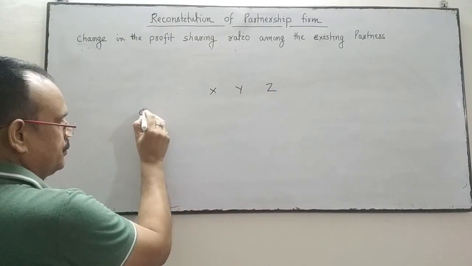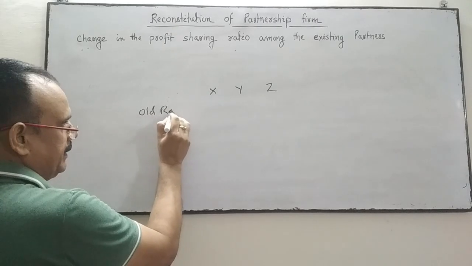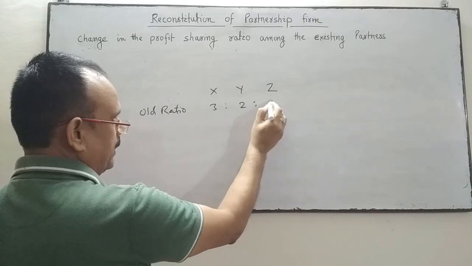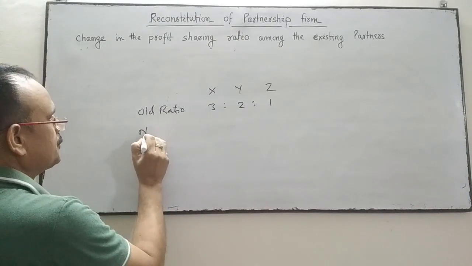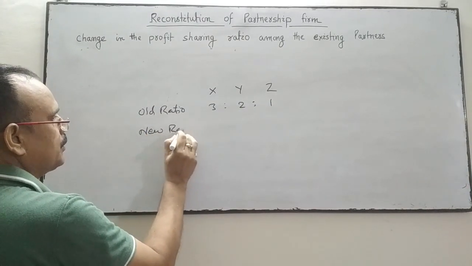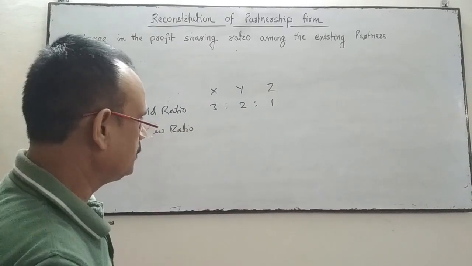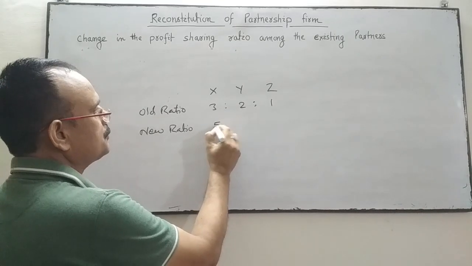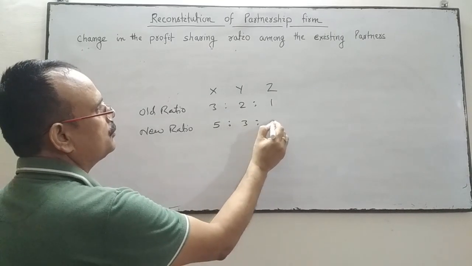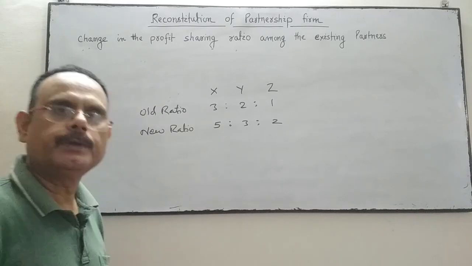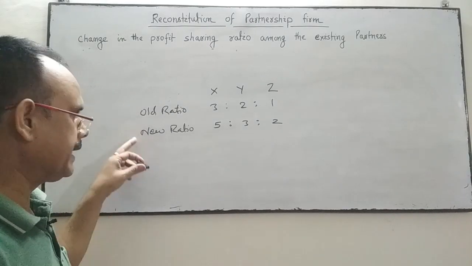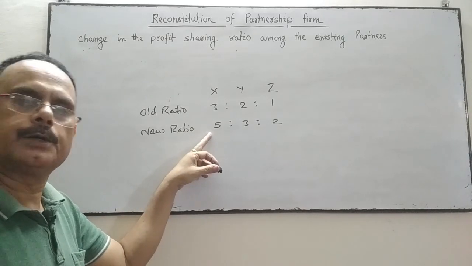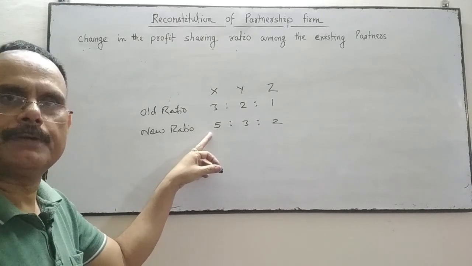The old ratio between them is 3:2:1, and the new ratio they want is, suppose, 5:3:2. Now we have to see, after the change from this ratio to this ratio, who is the gainer and who is the loser, who has sacrificed.